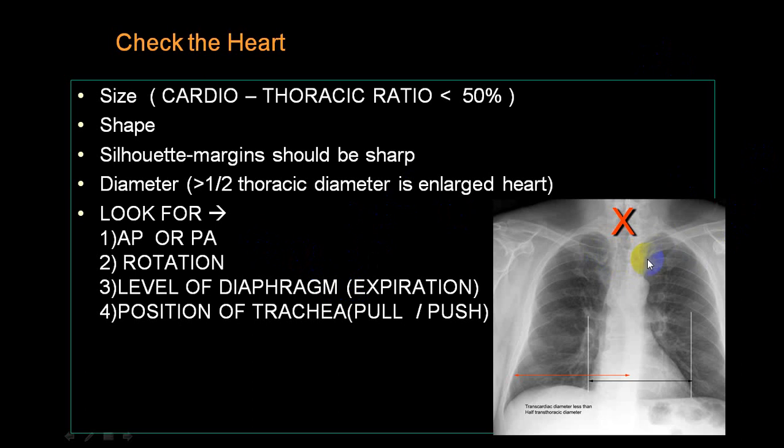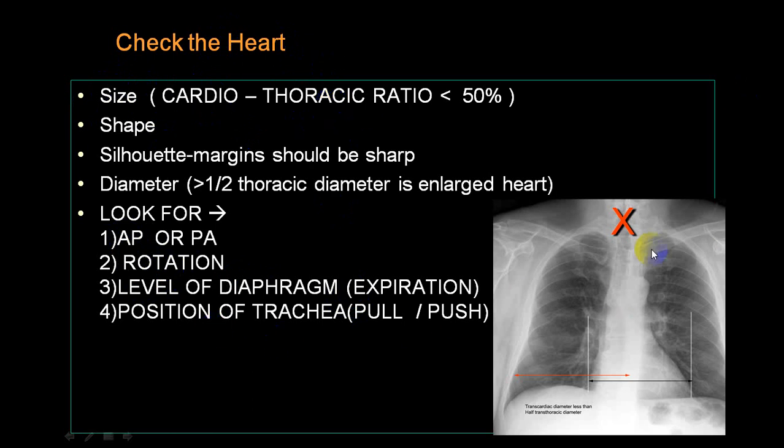If the X-ray plate is taken during expiration, it will again give a false interpretation of cardiomegaly. So look at these three, which indicate a poor quality X-ray. Rotation, expiration film and AP view are not good for identifying the shape and size of the heart.